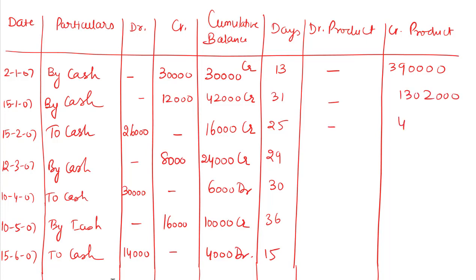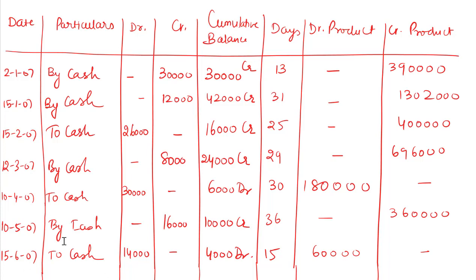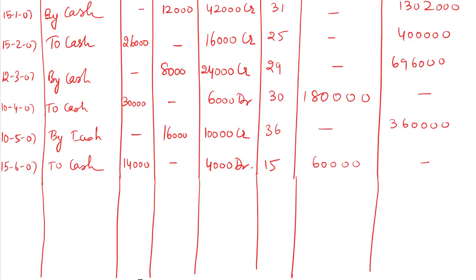Then 13,02,000, then 4 lakhs, then 6,96,000. This is debit. 1,80,000, this is credit. 3,60,000, and again this is debit, 60,000. I believe you understood.